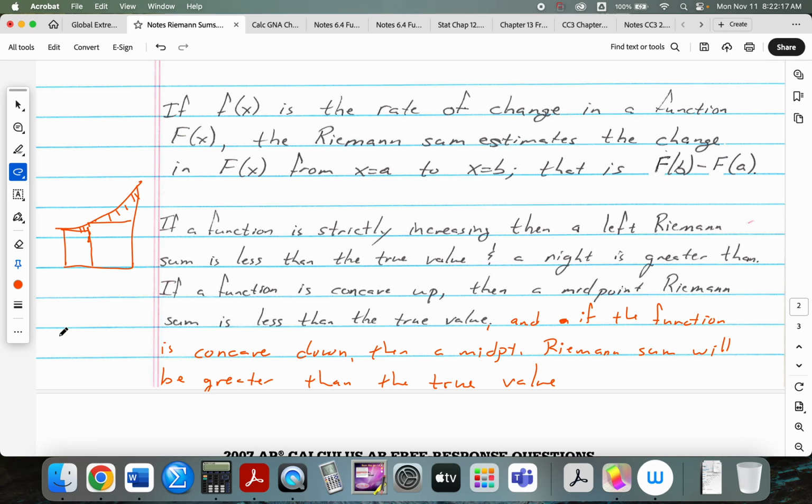And that's because if something is concave down, let's do something like this. If that's concave down, if we choose the midpoint as my evaluation, see how we miss a little bit, but we overestimated by quite a lot on the two sides?